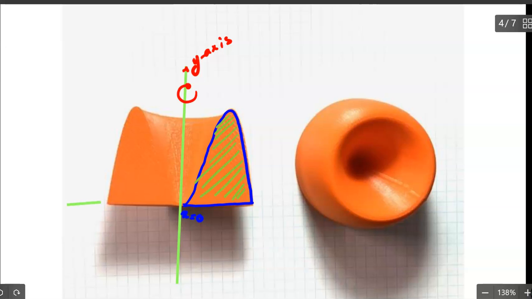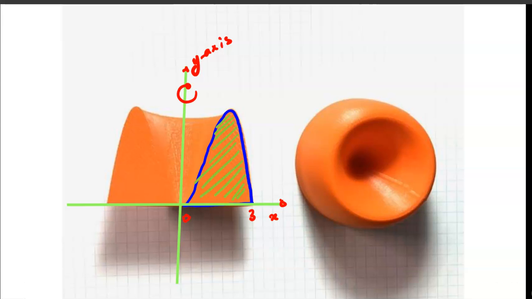So let me try to draw the x-axis through this. So this is the x-axis. This is x equal to 0, and this is x equal to 3. So that is 0 and 3. I think it's easier, I can just write 0 here and 3 there.